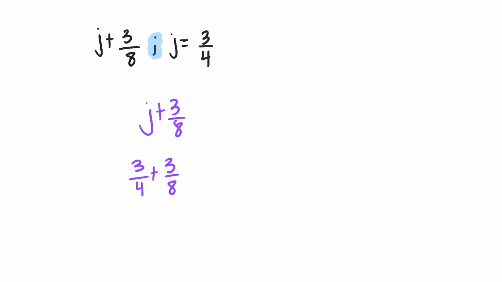And then I need to remember my rules about adding fractions. Can't really add a fraction with different denominators, so I know that a 4 can be made to look like an 8. So I'm going to do that up here. We're going to have 3/4 times something to make it an 1/8. So 4 times what equals 8? 2.